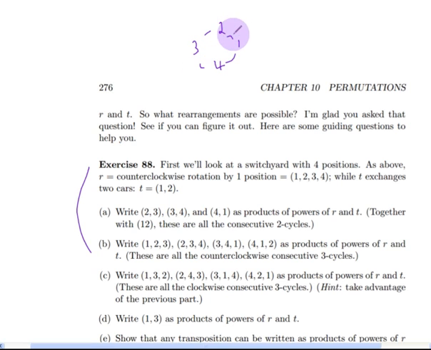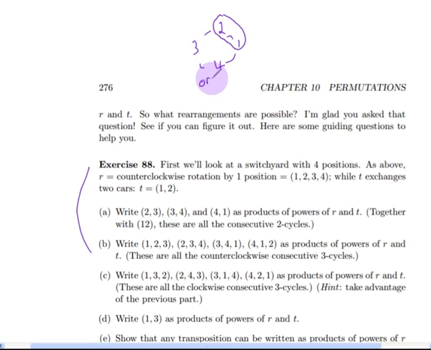And here's my switch. If I want to switch 2 and 3, I'm going to have to rotate backwards so that 2 and 3 are here. Then I'll switch 2 and 3, and then I rotate forwards to return the 2 and 3 to the same position. See how that goes.